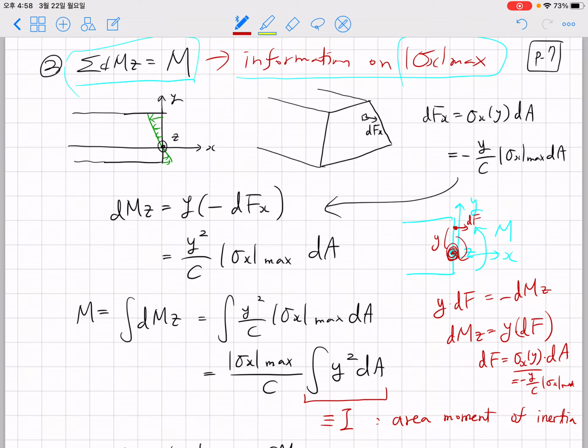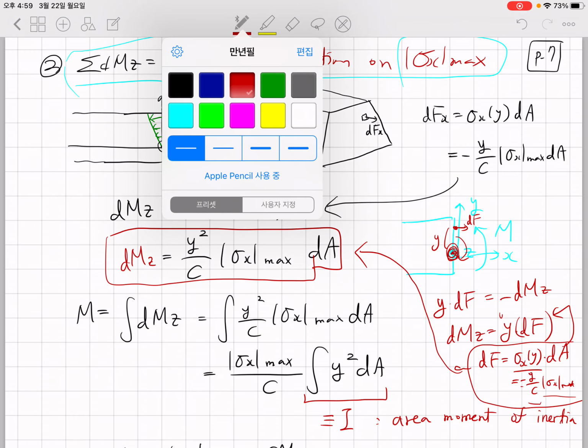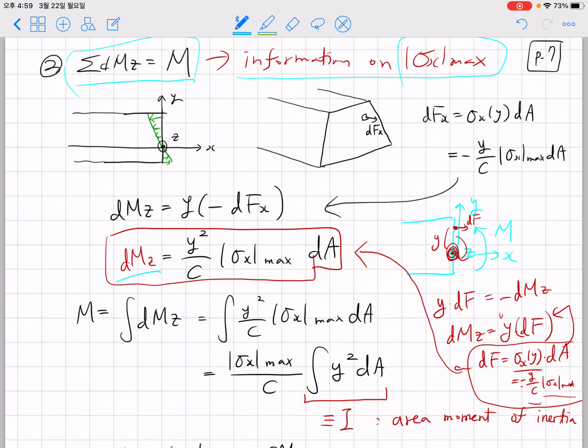So if you plug in the expression for dF here, then we have y, a negative sign, sigma x max and c, and this ends up becoming this expression. dM for an infinitesimal area can be written as this, and if you integrate this infinitesimal dM over the entire cross section, it must be the same as the applied moment M.